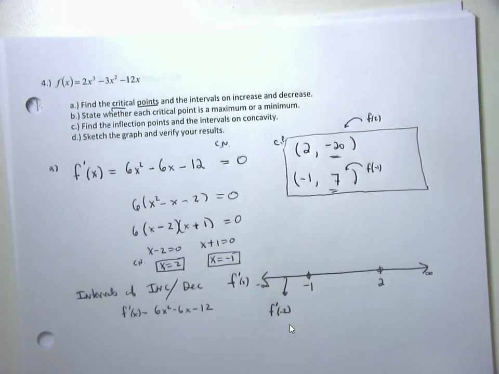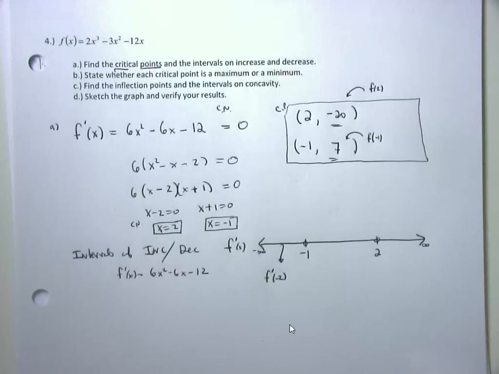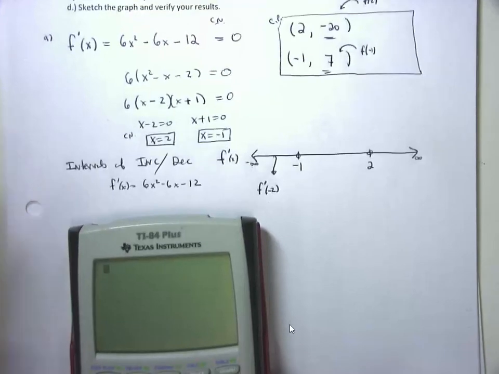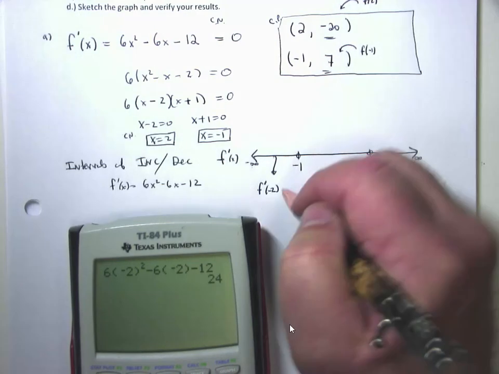So I'm going to plug in negative 2 into this derivative. This would be, sliding it up, you guys can see this now, 6 times negative 2 squared minus 6 times negative 2 minus 12. And I get 24.